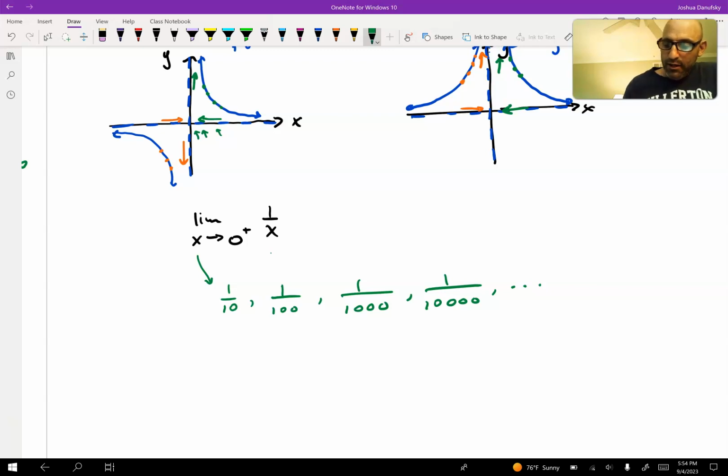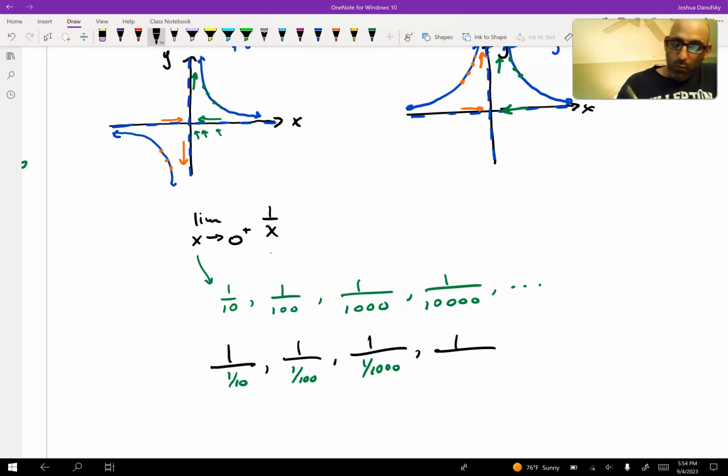Now, when we plug each one of these into the function, we've got 1 over that 1/10. The next one's going to be 1 over that 1 over 100, and so on and so forth. This is putting in the x's as they get closer to 0 from above into our function, which is the reciprocal function, 1 over whatever it is we're dealing with.